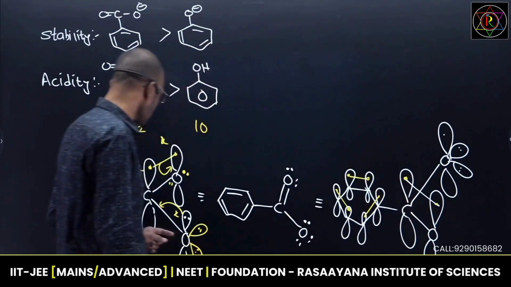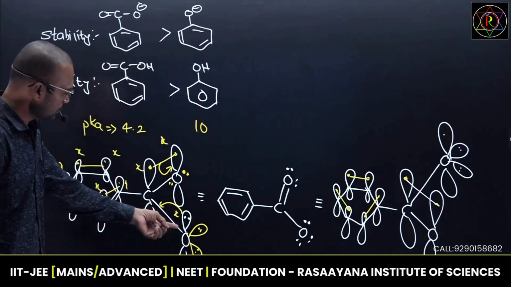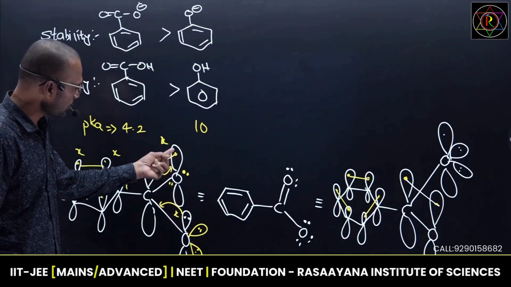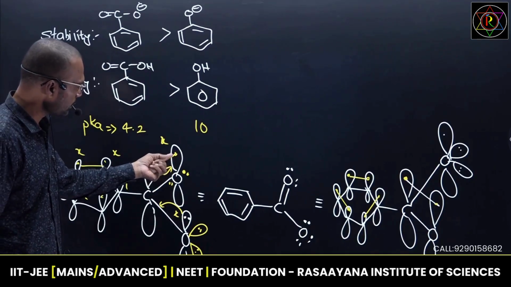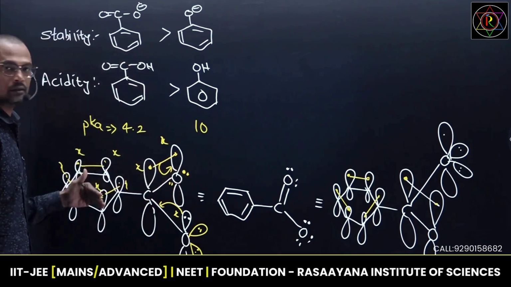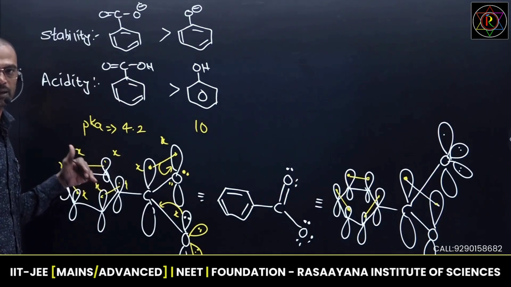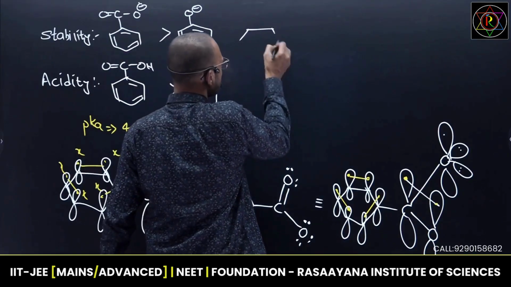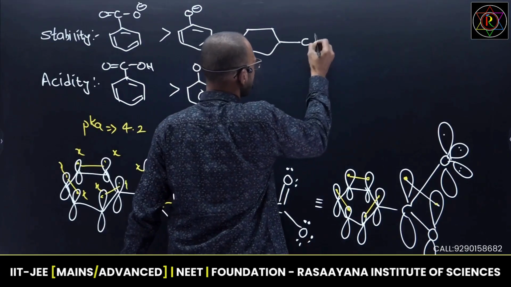Now this negative charge keeps delocalizing. C double bond O minus. Now this negative charge comes from here to here and this bond is going to be broken. Next this bond is going to be broken, coming in the downward direction. So back-to-back identical resonating structures participate. Whenever delocalization is taking place in benzoic acid, see this.